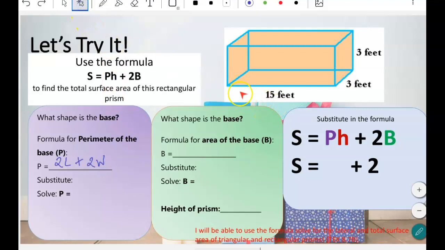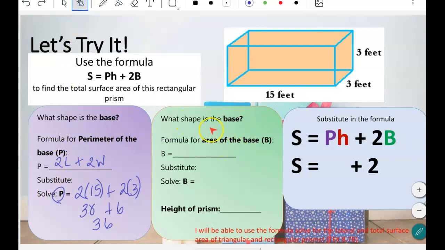And if you look at this rectangle, this is the length, 15, and 3 is the width. So we're going to go ahead and substitute those numbers in. We're going to get 2 times 15 plus 2 times 3. And that's going to be 30 plus 6 is 36. So that is our P. We just found this P.